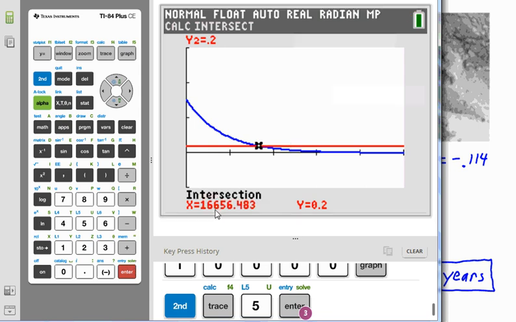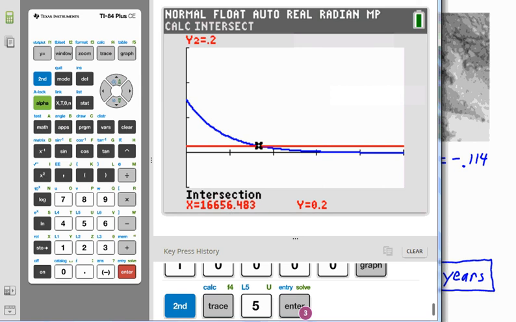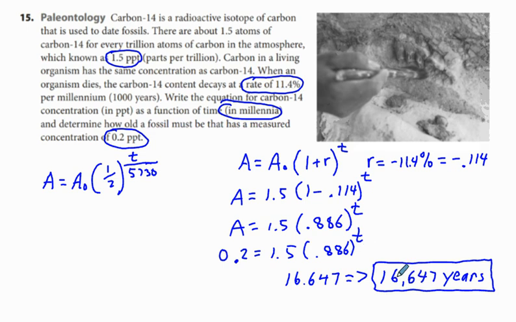You get roughly the same thing, 16,656 years. Yeah, very close.